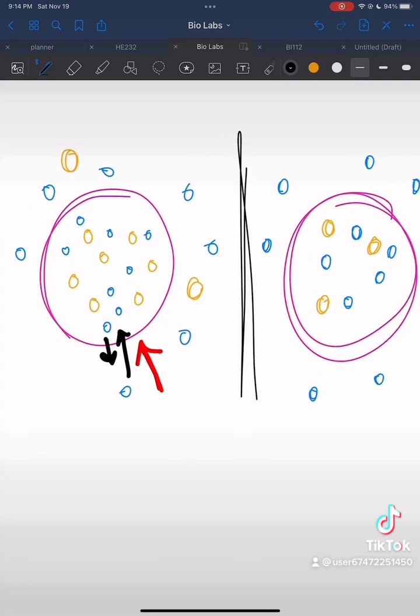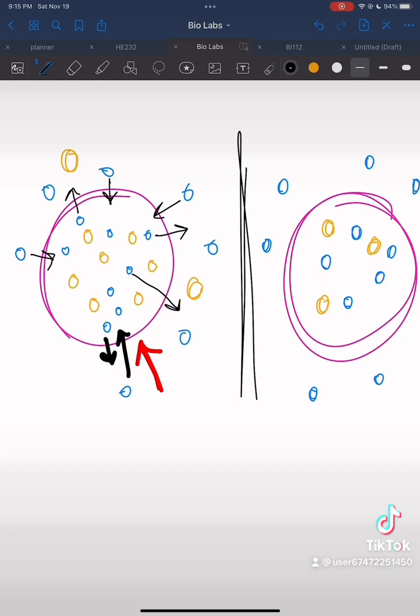So what do we think is going to happen? We can see here that we have a lower concentration of solute on the outside than we have on the inside. At any given moment you will have some water molecules moving in just the right direction to go from the outside to the inside and from the inside to the outside. But what's more likely to happen over a certain period of time, and we talk about this when we talk about osmosis, is that the water molecules on the outside are going to be less obstructed by solute particles.